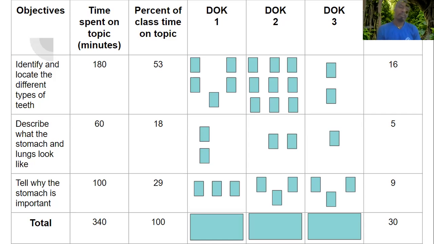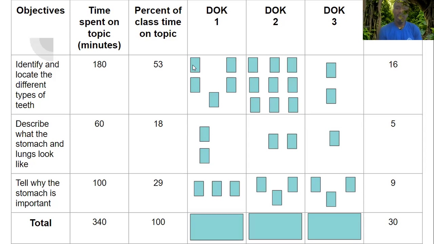But very important again, in this slot, it says that I'm going to have 16 questions, sorry, for objective number 1. We must allot the questions across the DOK levels based on 16.